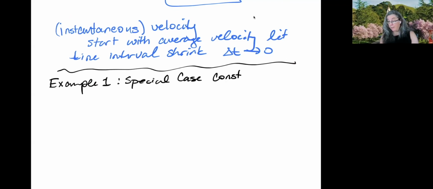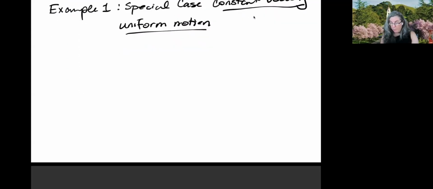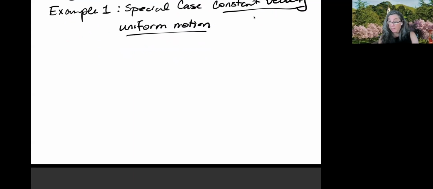The special case where the velocity is constant. Constant velocity. I mentioned it in class because there was some language in one of the problems. Constant velocity is also sometimes called uniform motion. And that's a very special case, but it's what we're ready for. So this is a good place to talk about that.